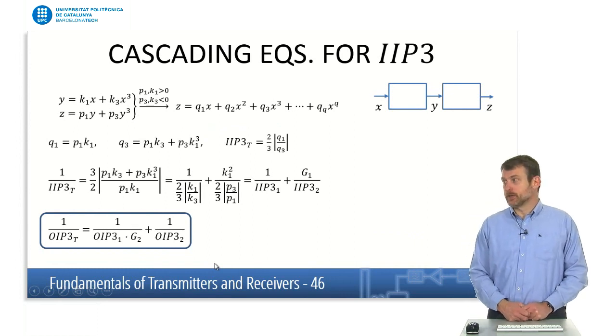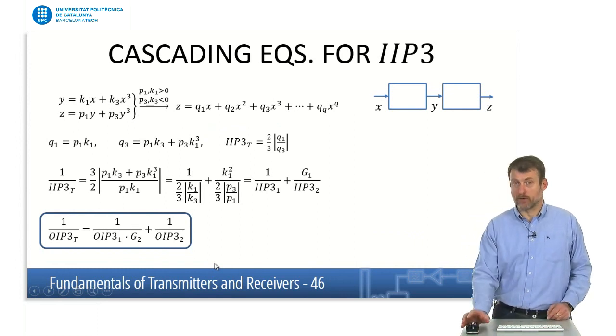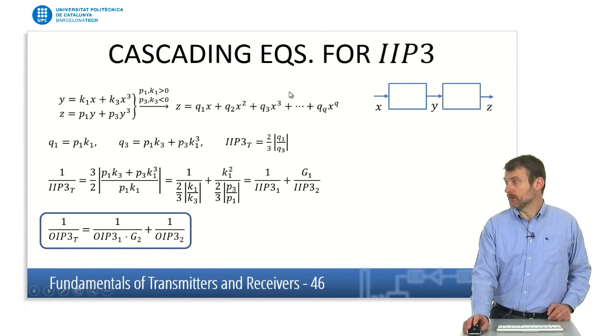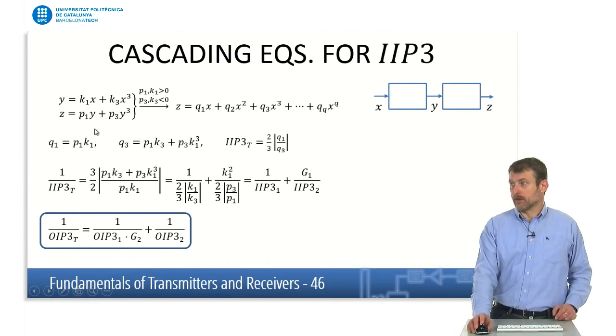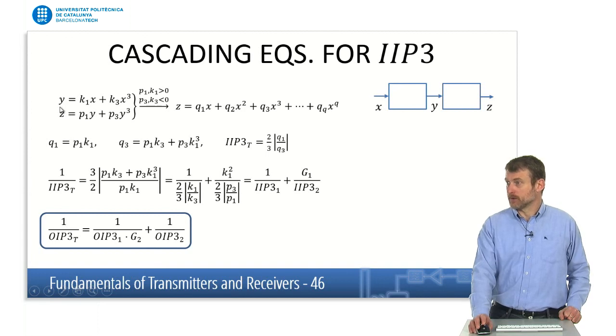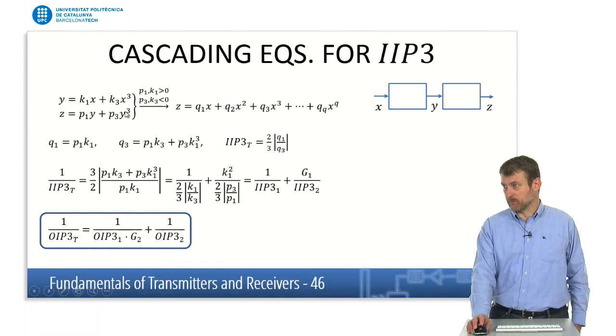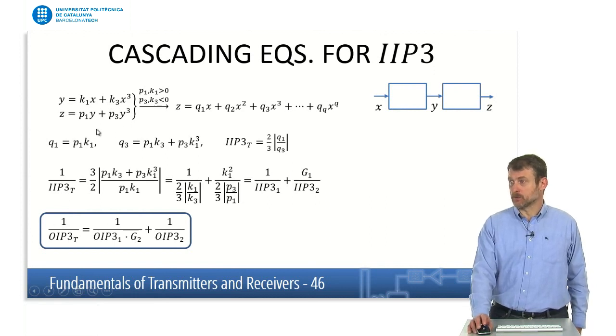Another issue is what happens when we have two nonlinear devices in cascade, right? And again, we assume that both have third order nonlinearities. So in this case, Y would depend on X as we have described before, and Z depends on Y with the same type of dependence, right?